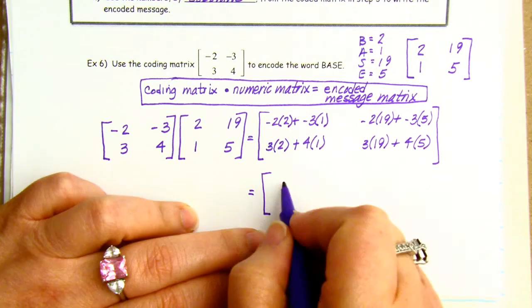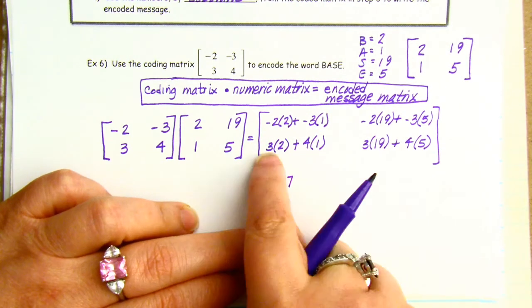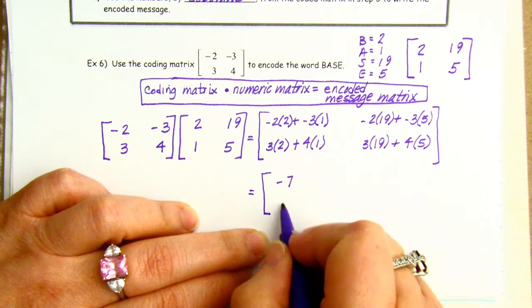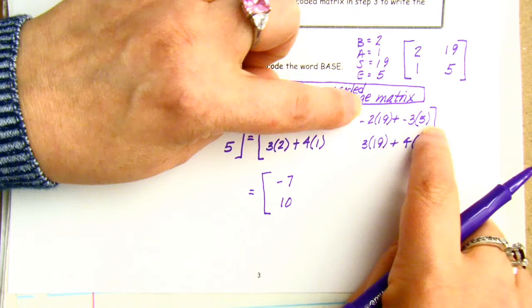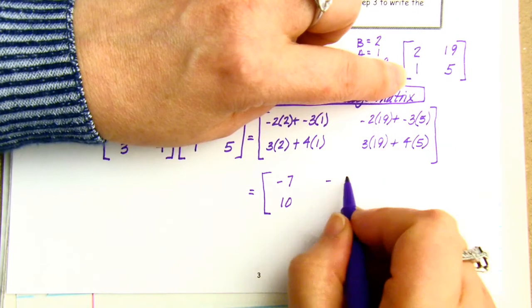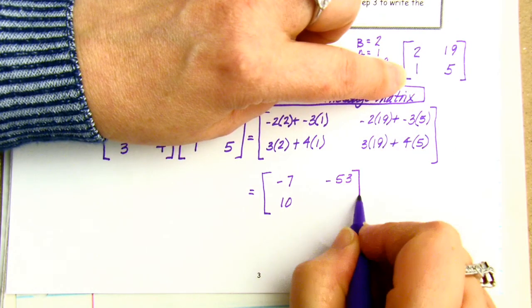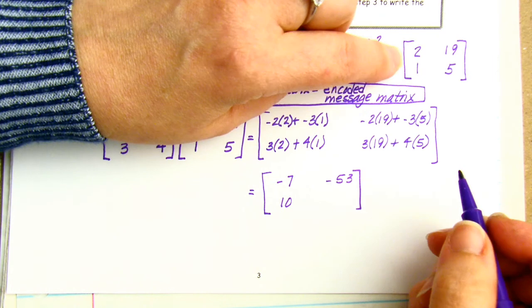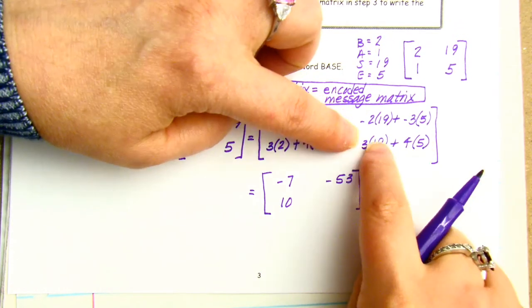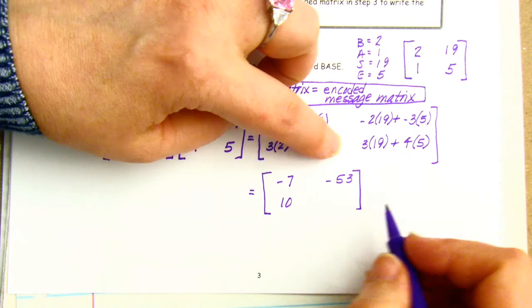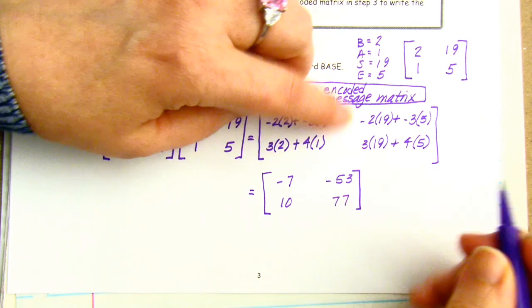This value here is -7. 6 and 4 is 10. -38 plus -15, -53. And here we've got 20 plus 57 is 77.